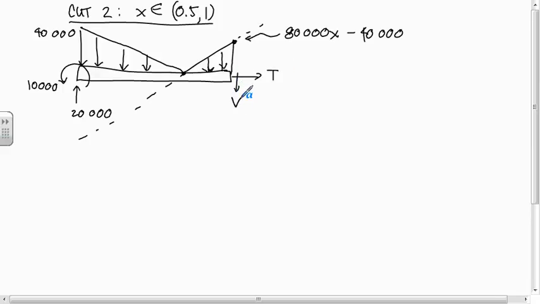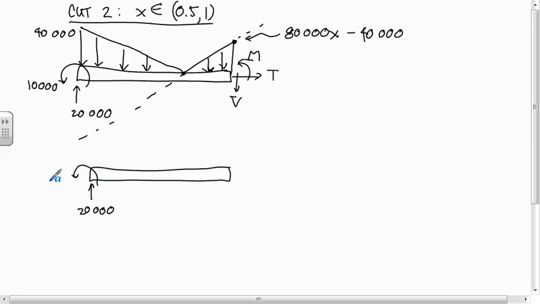Then T, V, and M. So now to treat those as point forces, you have the 20,000 there, the couple. The point force here, what's the magnitude of that point force? Yeah, it's 40,000 times 0.5 divided by 2, so 10,000.